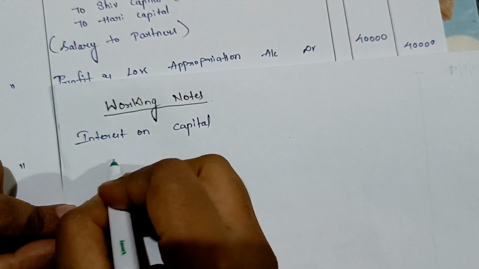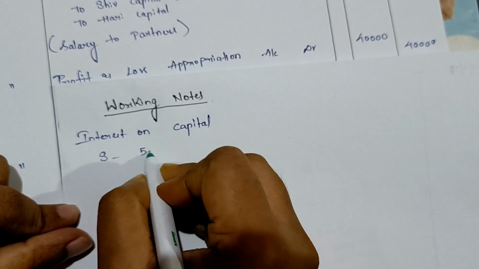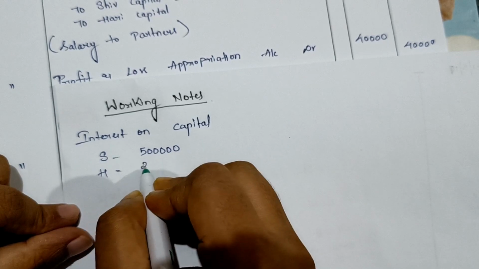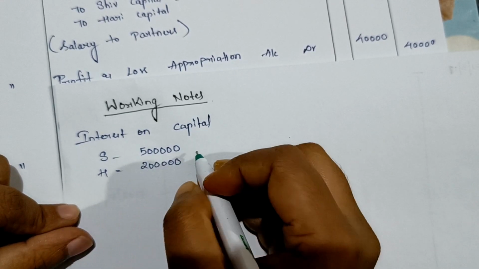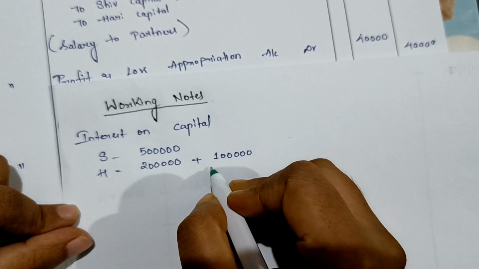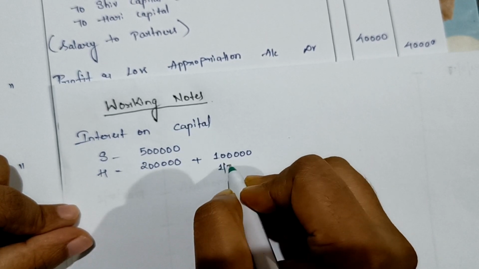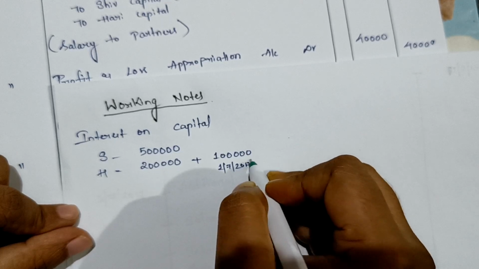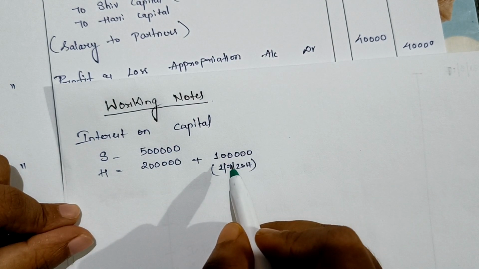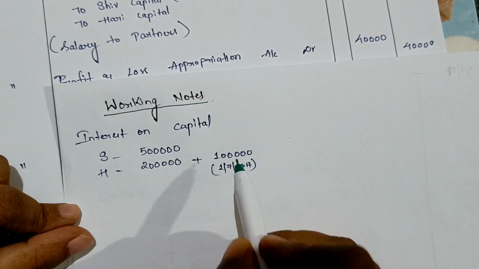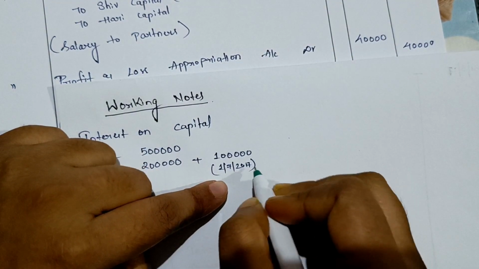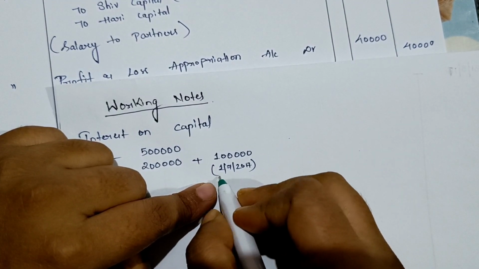Remember, Shiv has brought 5 lakh rupees, whereas Hari brought 2 lakh plus 1 lakh. 1 lakh he has brought on 1st July 2017. So for this 1 lakh, Hari will get interest on capital at the rate of 8% per annum for 9 months, as this amount of 1 lakh is for 9 months during this financial year.